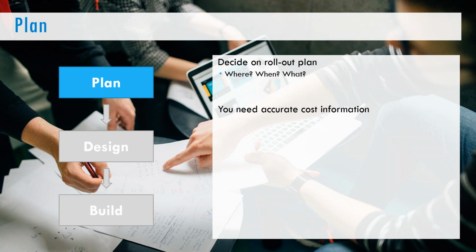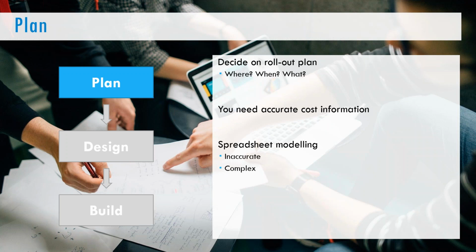And the basis, what we see for making these decisions, is having access to accurate cost information. So you need data that you can trust, so that you can build your business case for each scenario that you have in mind. Then what we see is that most companies turn to spreadsheet modeling when it comes to getting that cost information.